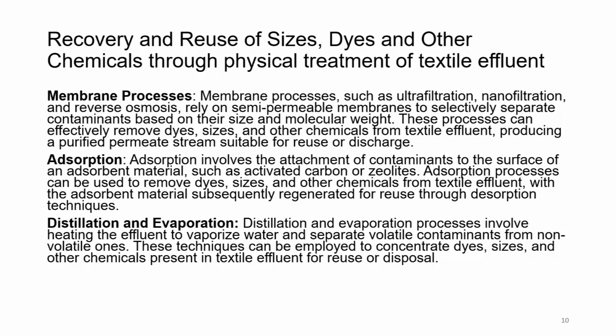Adsorption. Adsorption involves the attachment of contaminants to the surface of an adsorbent material such as activated carbon or zeolites. Adsorption processes can be used to remove dyes, sizes and other chemicals from textile effluent, with the adsorbent material subsequently regenerated for reuse through desorption techniques.